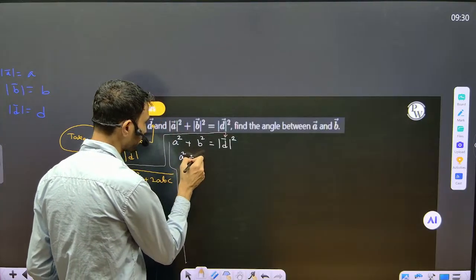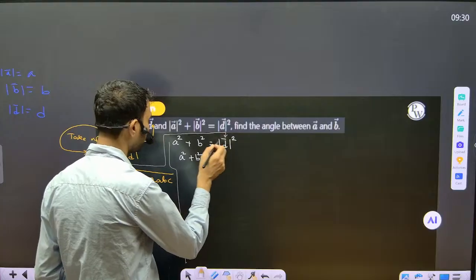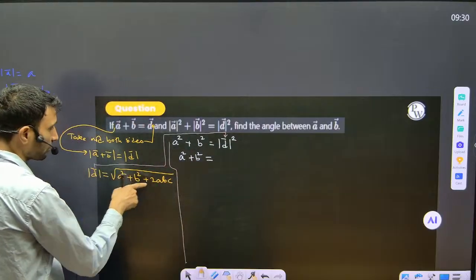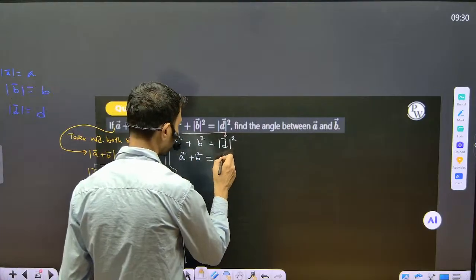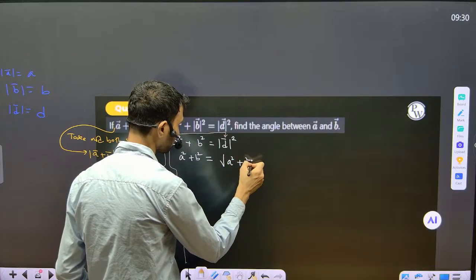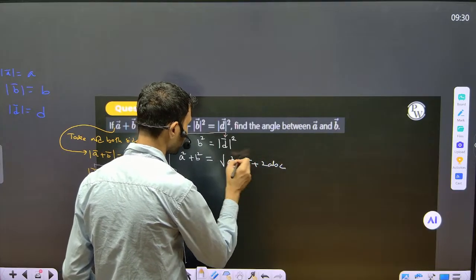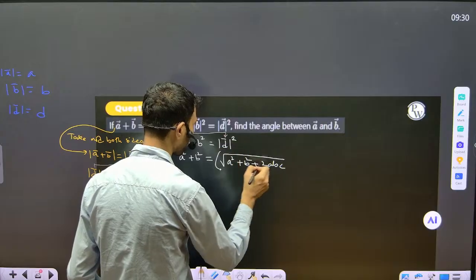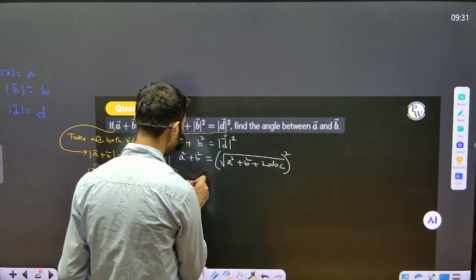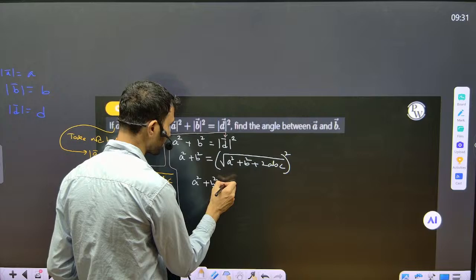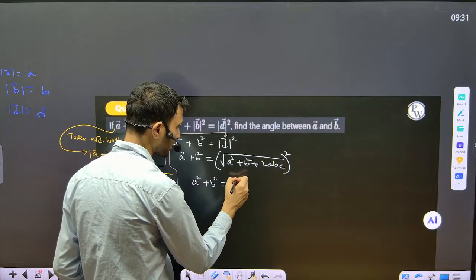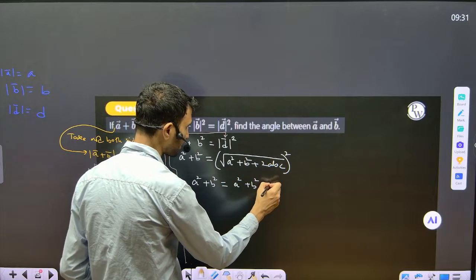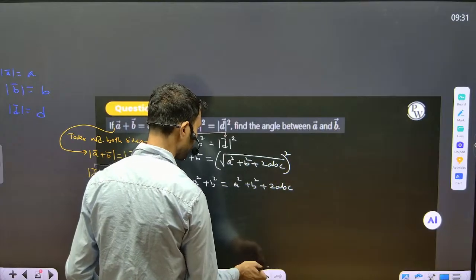You get A square plus B square is equal to mod of D vector, which is nothing but root of this, and its whole square. So that will give you A square plus B square is equal to the square of this, which is A square plus B square plus 2AB cos theta, right?